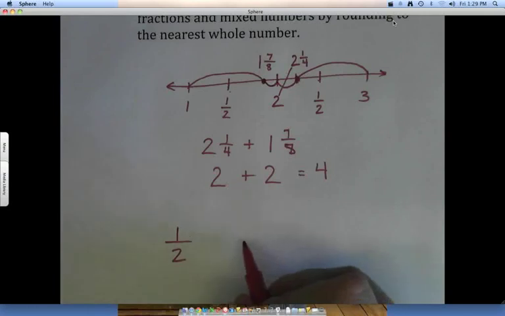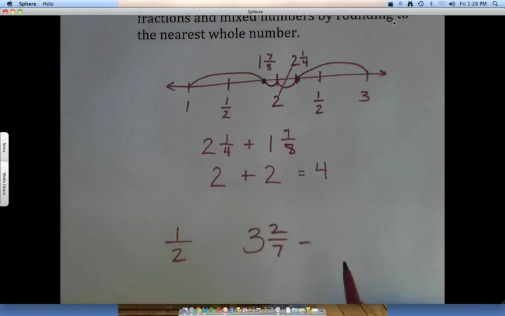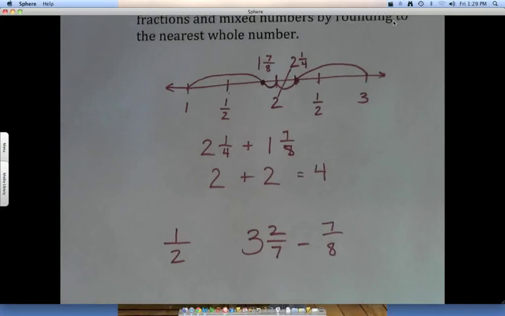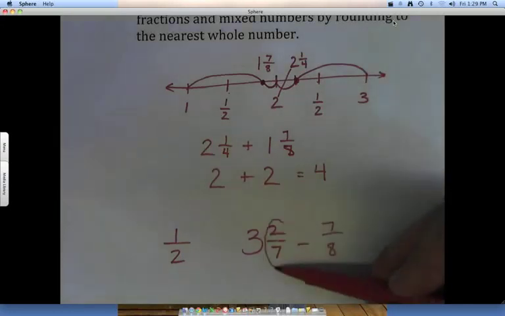If I have 3 and 2/7, and I am asked to subtract 7/8, and the goal is to find an estimate of this difference. Look at the fraction alone. So 2/7.